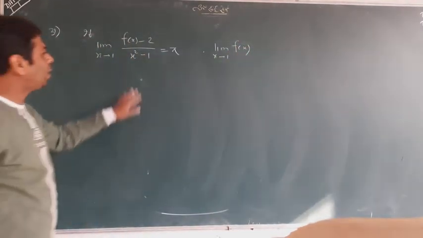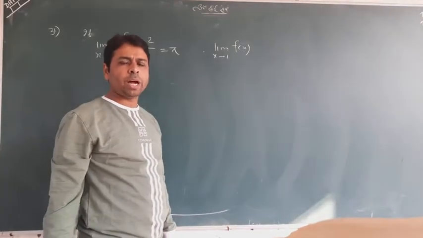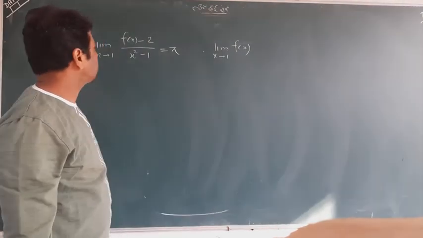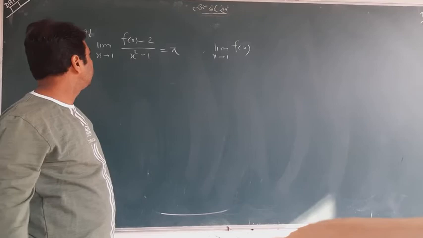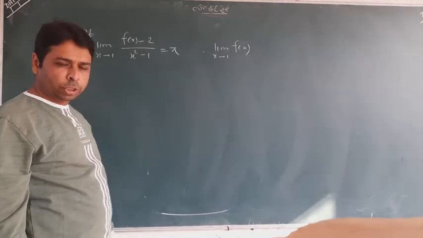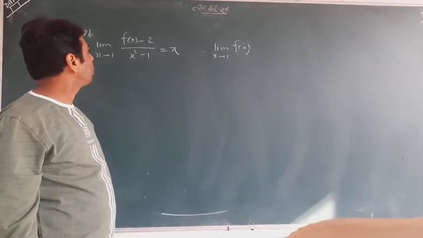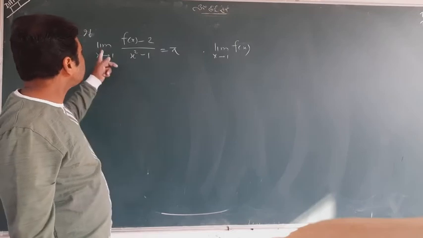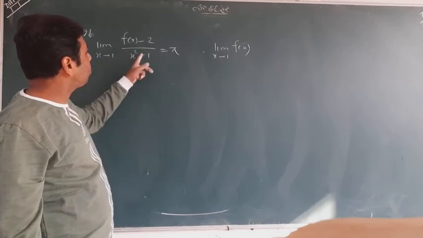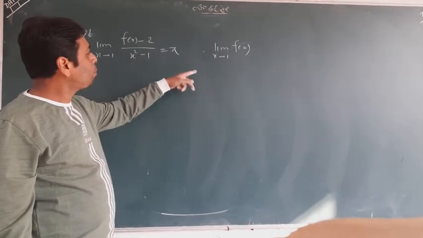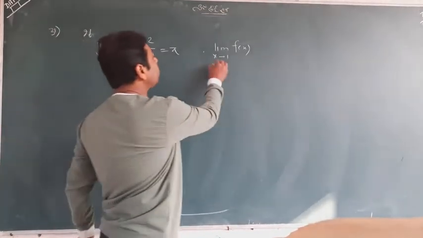It seems a bit tough, but I will try to tell you how we can do this question. We are given that limit x tends to 1 of f of x minus 2 upon x square minus 1 equals pi, and we are told to find the limit of f of x.